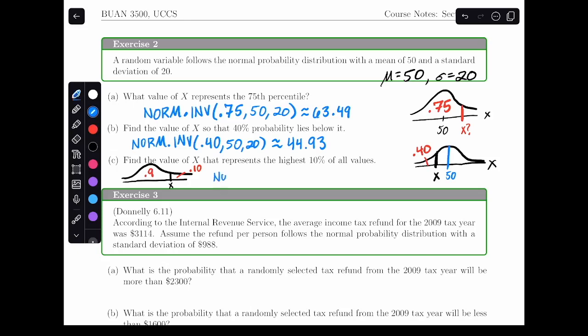And so here we could do norm.inv of 0.9 and the mean and standard deviation. And this would tell us that that highest 10%, that x value is about 75.6. And so here we knew something about the probability and we wanted to find an x value.